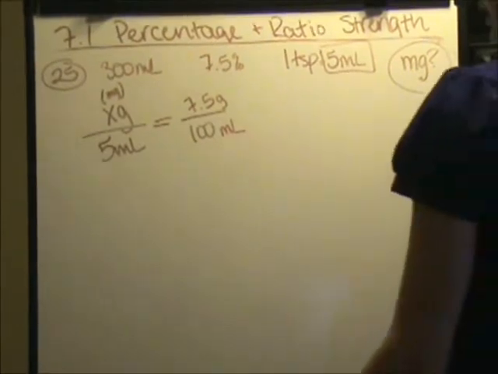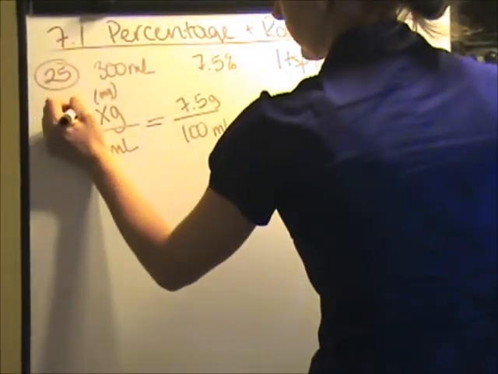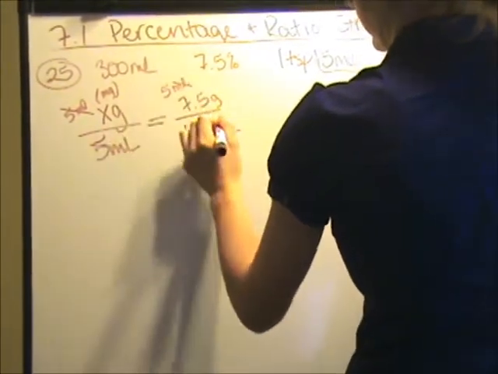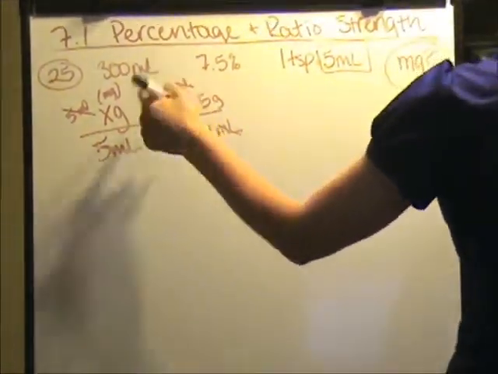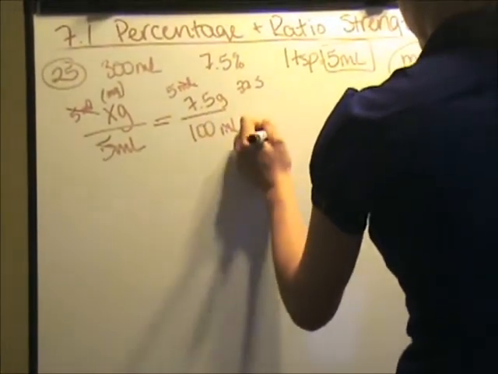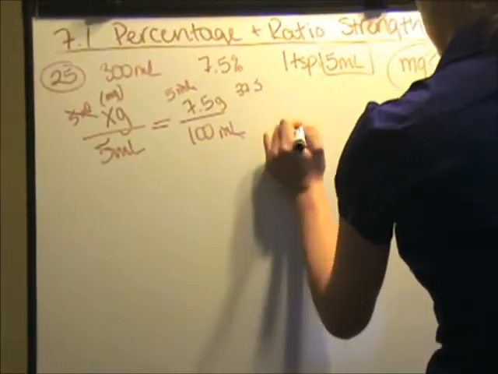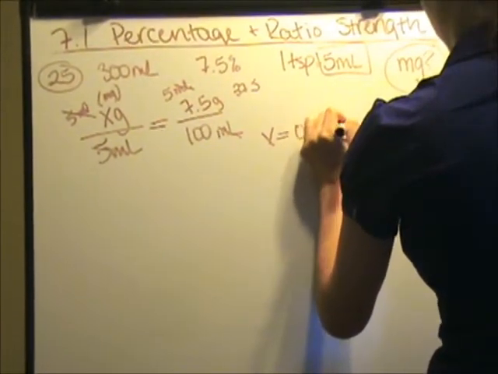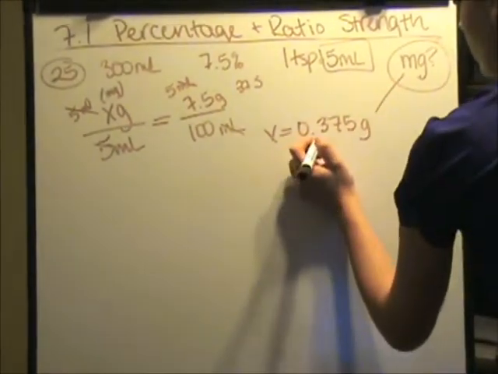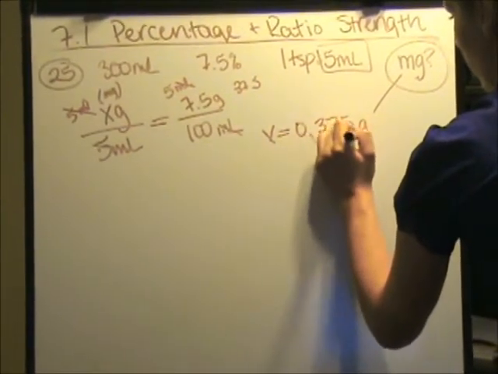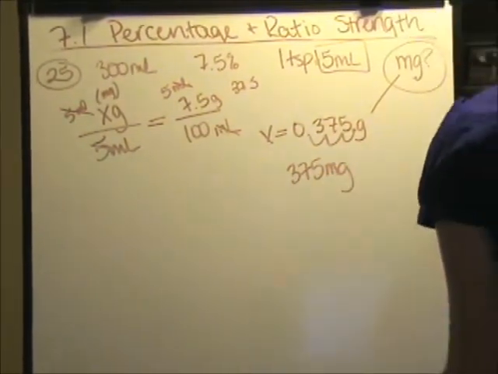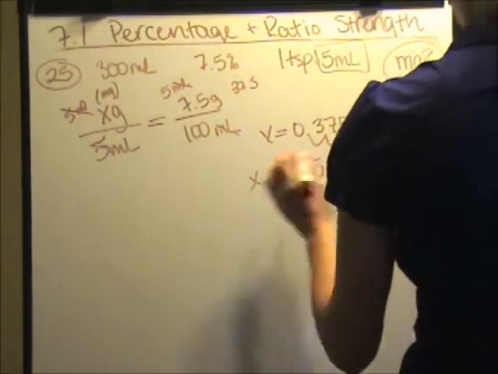So now we have our proportion set up. We can solve for x. 7.5 times 5, 37.5, divided by 100. And x is going to equal 0.375 grams. But remember, we have to convert it to milligrams. So we're going to move it 3 to the right. 1, 2, and 3. So it's 375 milligrams is equal to x.